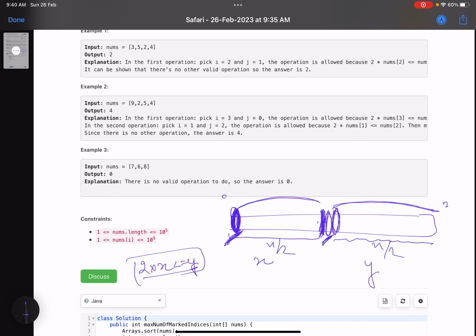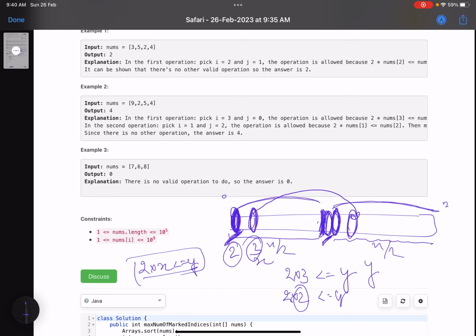For example, if I have a number 2 here and a number 3 here. If 3 is forming a pair, then obviously 2 will form a pair, because if 2 times 3 is less than or equal to some number y here, then obviously 2 into 2 will always also be less than or equal to y, right? So we pick the minimum element here because what if I get another number here which is able to form a pair after this?